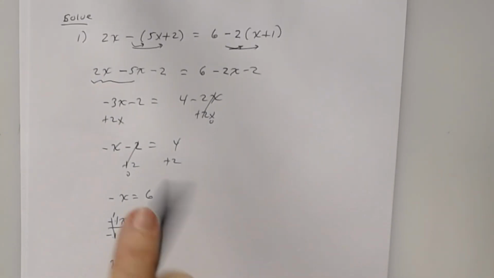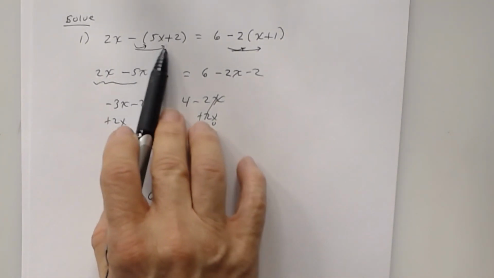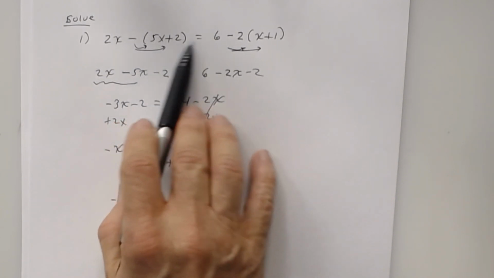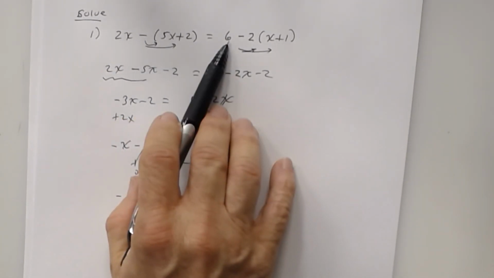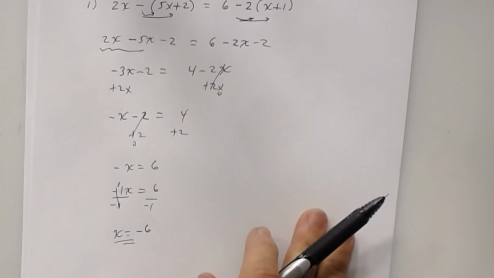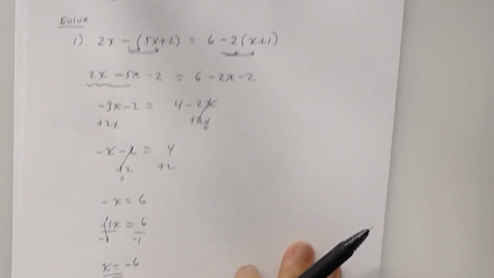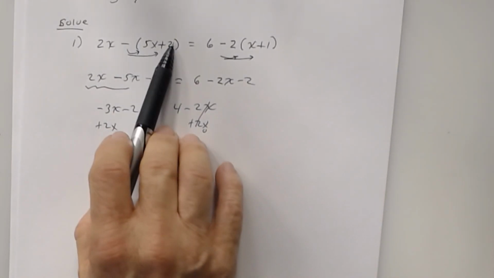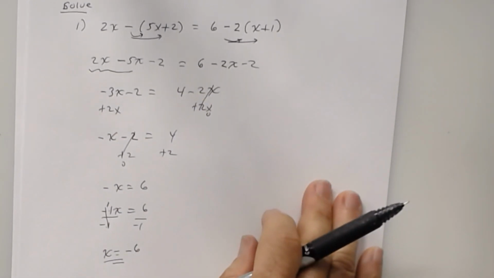So this equation is true. This equation is true only if x is what number? Negative 6. This is a true equation under the condition that x is what? Negative 6.